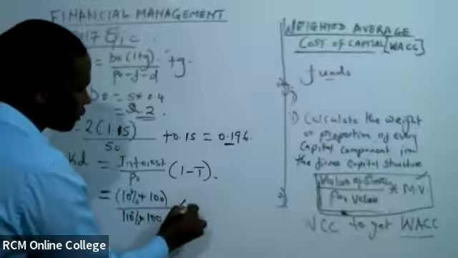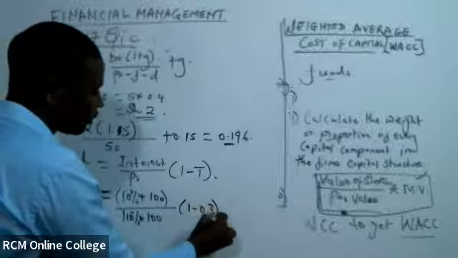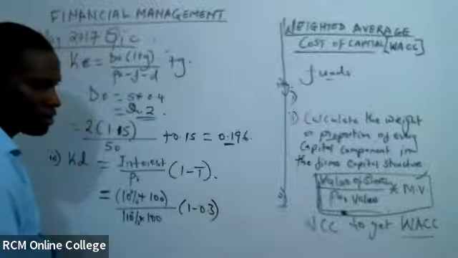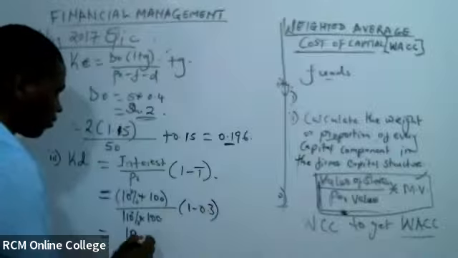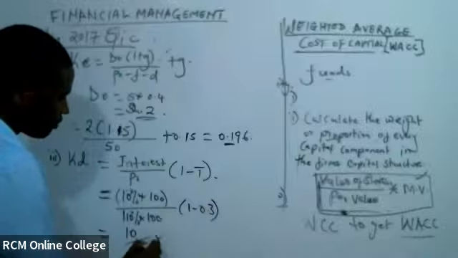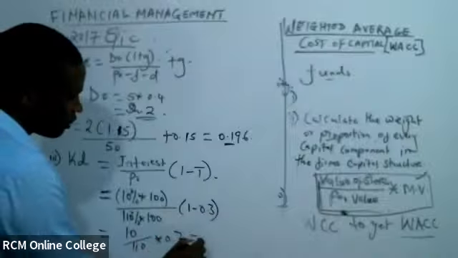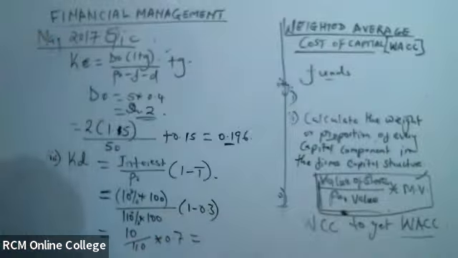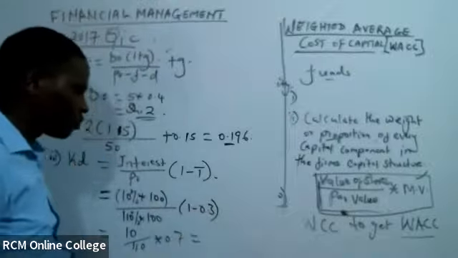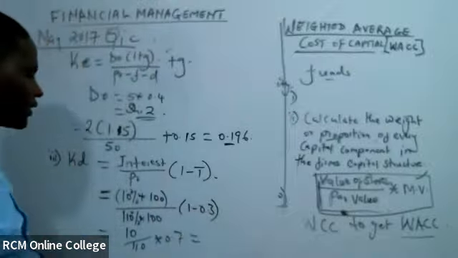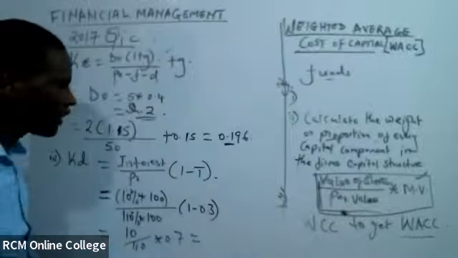Then we adjust for tax, 1 minus 0.3, where T represents tax. So I have 10 over 110 times 0.7. I know some people don't know where I got 0.7 from. I have just taken 1 minus 0.3. That gives you the KD.